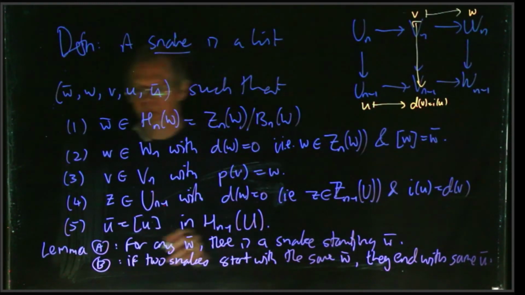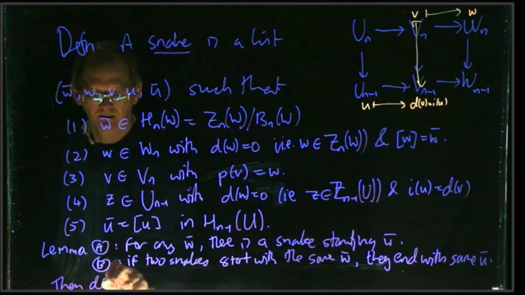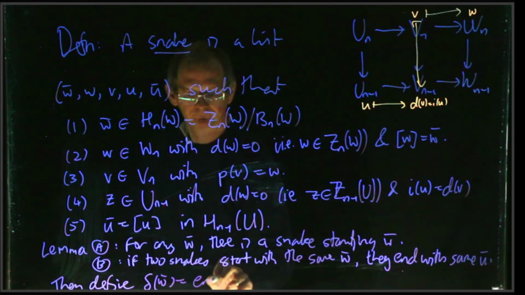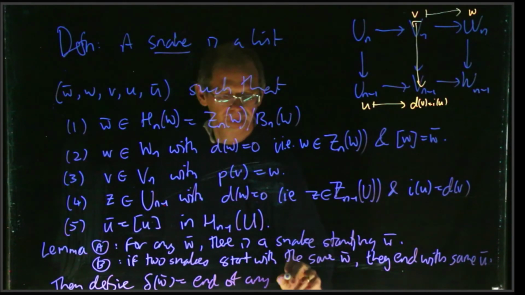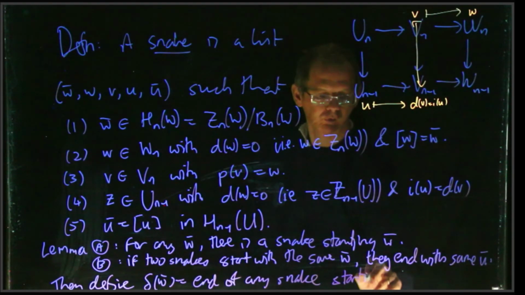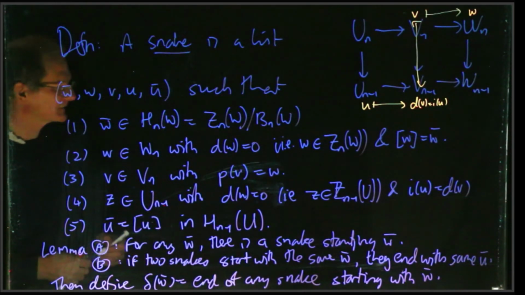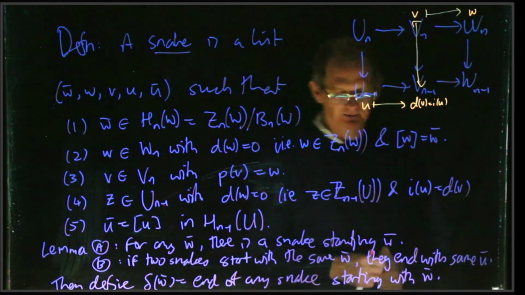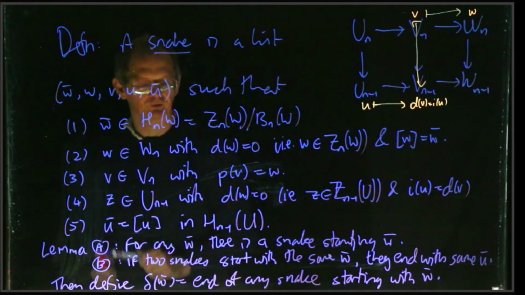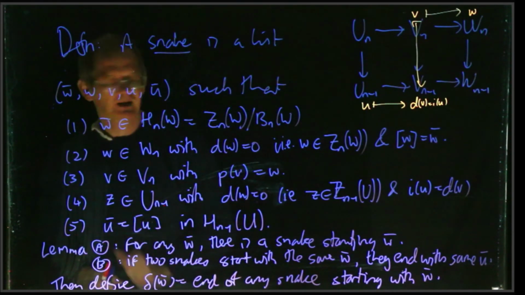Okay. So if we assume all this, then we can define delta of W bar to be the end of any snake starting with W bar. Right? So lemma A says that there is such a snake. Lemma B says that any two such snakes have the same endpoint, so it's well defined. This is a well-defined rule for giving you your delta. So we'll prove lemma A and B in the next video.